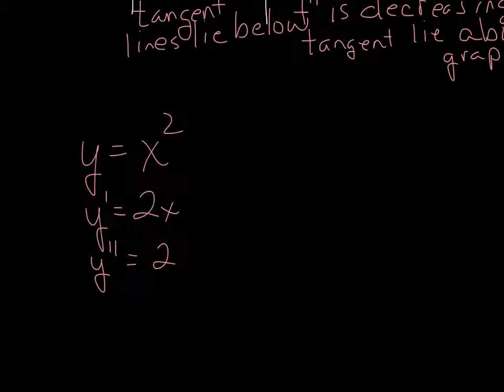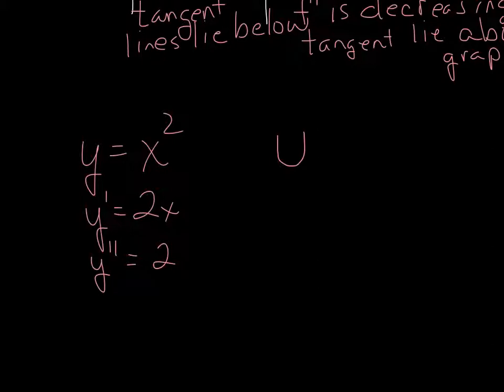Concave up. We know what that graph looks like. It's similar to what we just looked at. So if you have trouble remembering which is up and which is down, always go back to y equals x squared. Because you can easily find the second derivative of y equals x squared. You know what it looks like, and so that helps you remember.